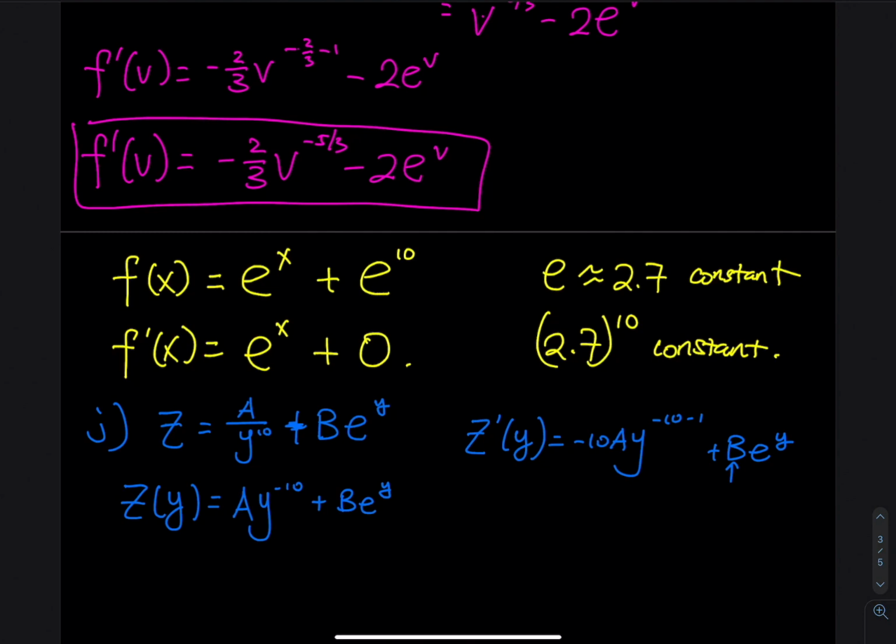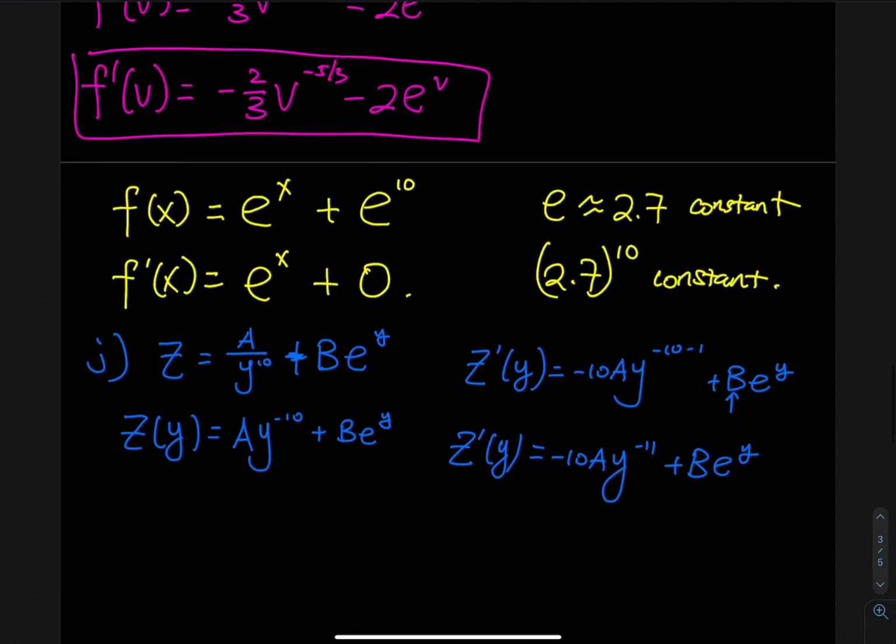So that's why you have b times e to the y. So your z prime is negative 10a y to the negative 11, plus b e to the y. Oh, this one I can put the 11 back in the denominator for you. So 10a divided by y to the 11, plus b e raised to the y power. So that is your z prime.